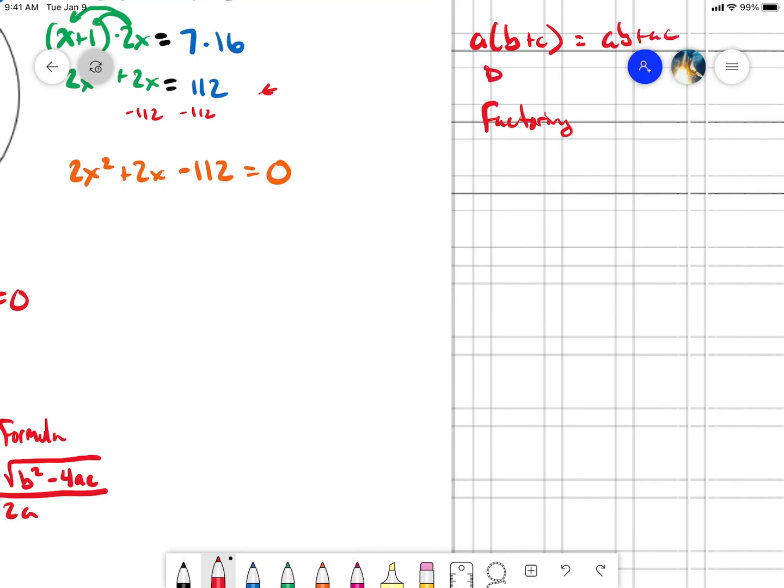For whatever reason, we call this the distributive property. But when we go the other way, if I have AB plus AC, I'm going to say that this is equal to A times B plus C. When we go the other way, it's called factoring. And that's one method of factoring. So the first thing I want to look at is whether there is a greatest common factor between all of these parts.